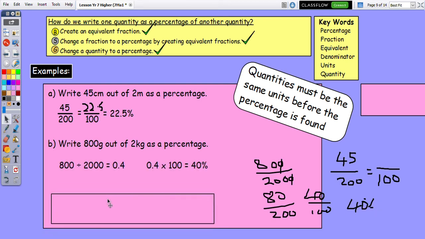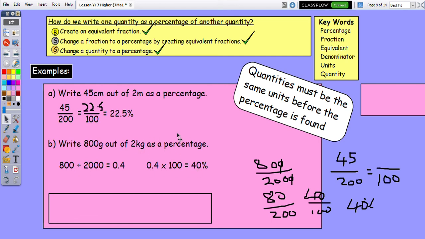Oh, thankfully. Okay, so in this case I use the calculator. 800 divided by 2000 gives me 0.4. So this as a decimal gives me 0.4. And then I multiply by 100 to change it to a percentage. Okay, so I could use equivalent fractions, or I could use a calculator.